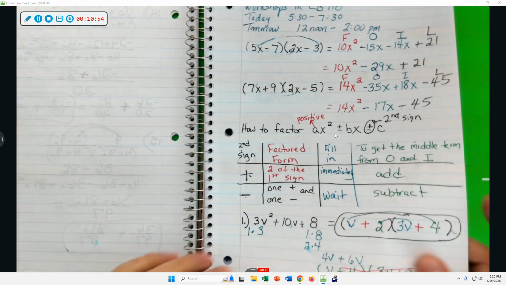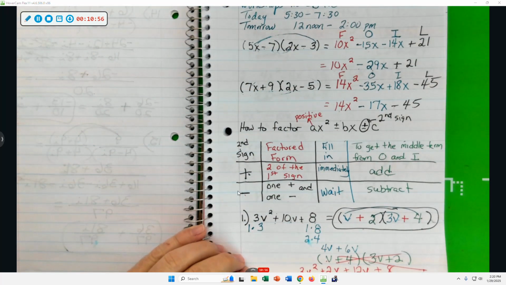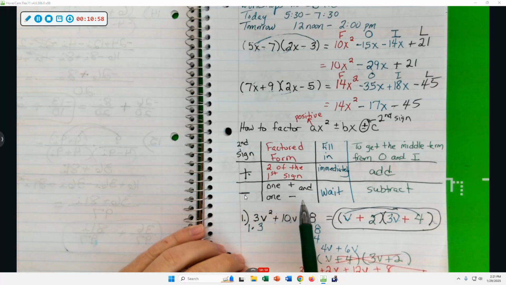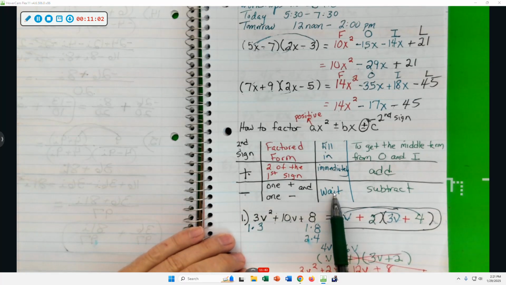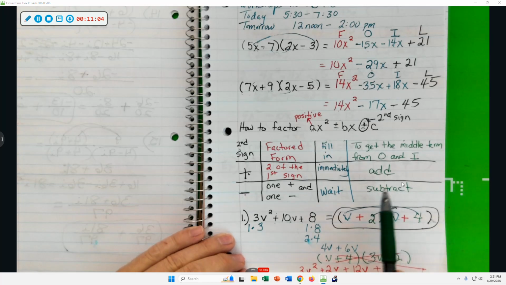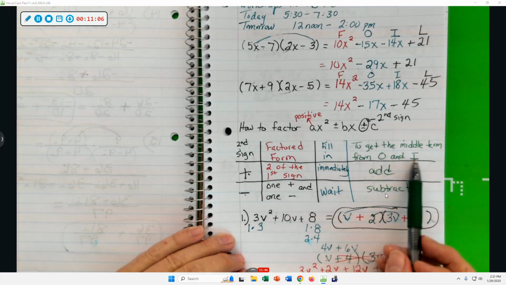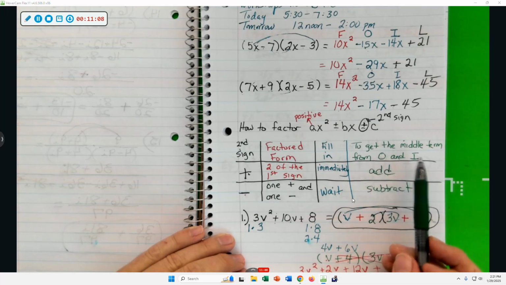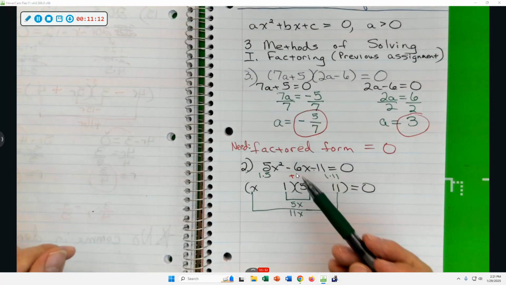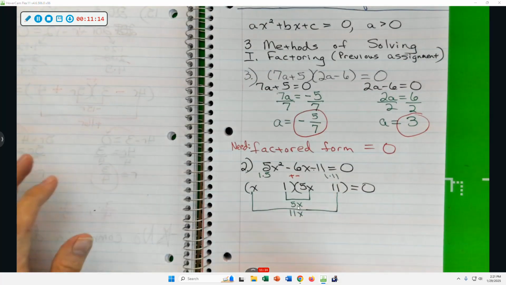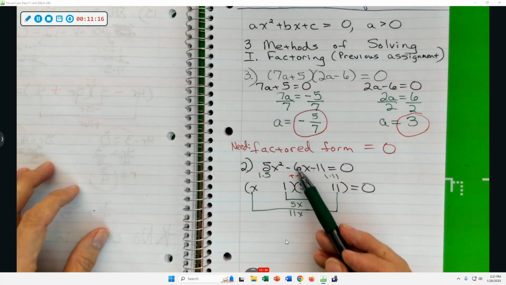If that second sign's a minus, you have 1 plus and 1 minus. You wait to fill in the signs until you subtract the outer and inner to get the middle. Can you subtract these numbers in a way to get 6? Yes, 11 minus 5 gives us 6.